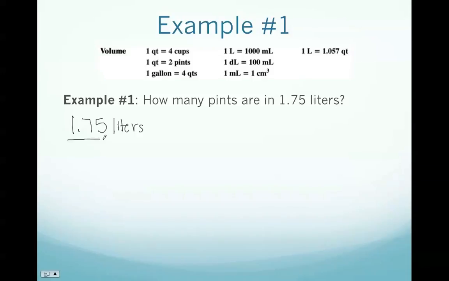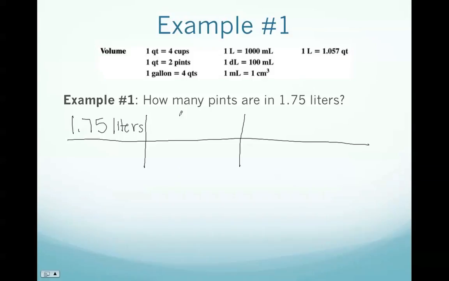All right, we're going to set this up using what are sometimes called train tracks, railroad tracks. We're not going to put anything below it. We're just putting our 1.75 liters to start. Now what's going to come next is our first equality, and we're going to end up in this case using 2, so I'm just going to split that line.